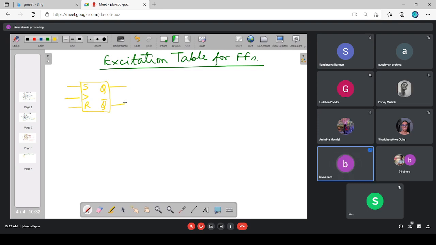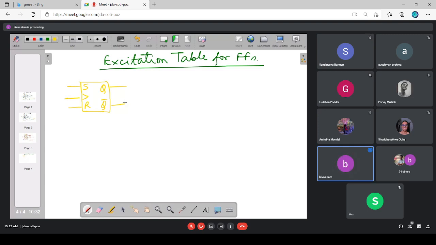We have already studied the truth table of the SR flip-flop. On the left-hand side we have the input combinations, S and R. On the right-hand side we have the output, Qn plus 1. When SR are 0, 0, Qn plus 1 is Qn. SR is 1, 0, the memory is set. SR is 0, 1, the memory is reset. And for 1, 1, that is not allowed. So that's the truth table of the SR flip-flop.